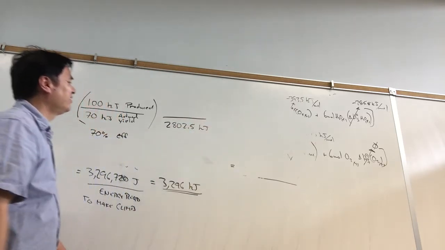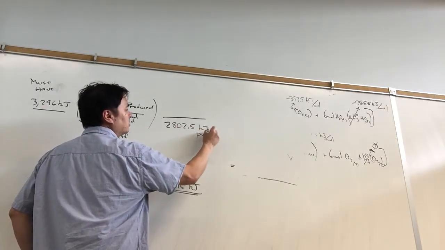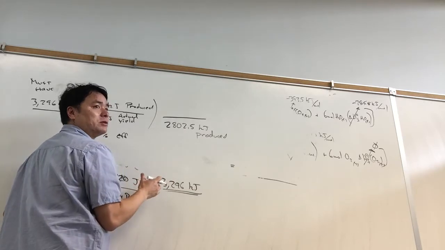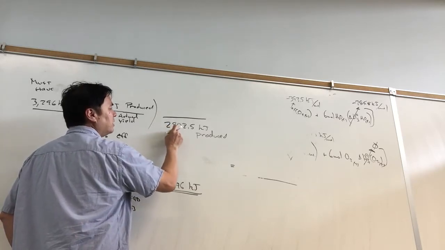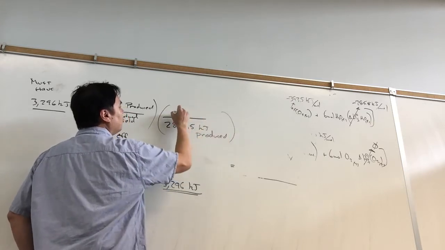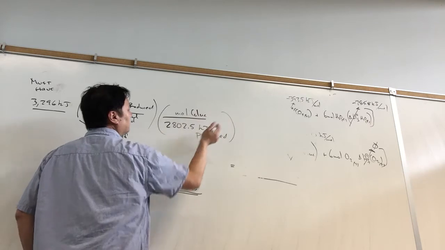Now it's negative, but I'm not going to write negative because I'm just going to say this much produced. Produced means it's exothermic, because I don't want negative grams. So 2,802.5 kilojoules produced for every mole of glucose burned.